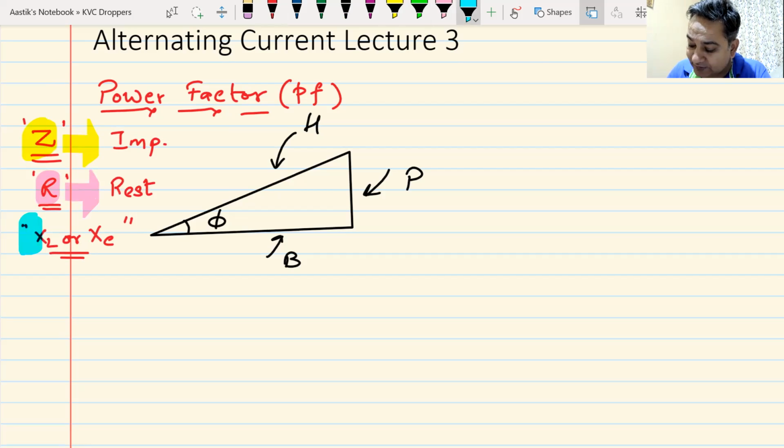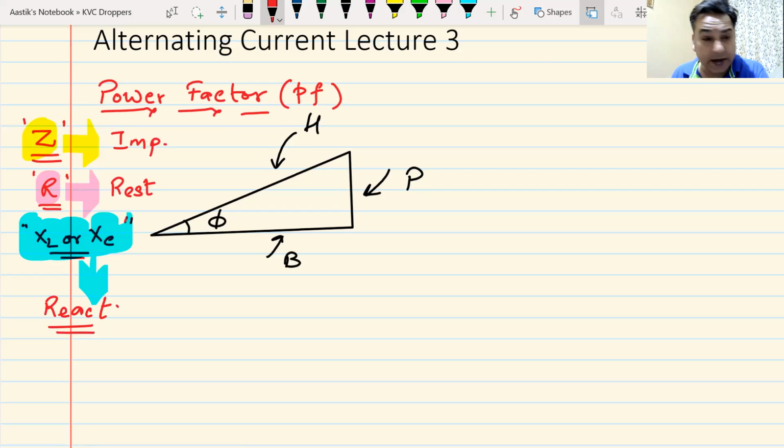This blue one, XL or XC, they stand for reactance. I hope I am making sense over here. Even if I am talking nonsense, just remember what I am going to tell you now. These three quantities are related to each other by a right angle triangle.